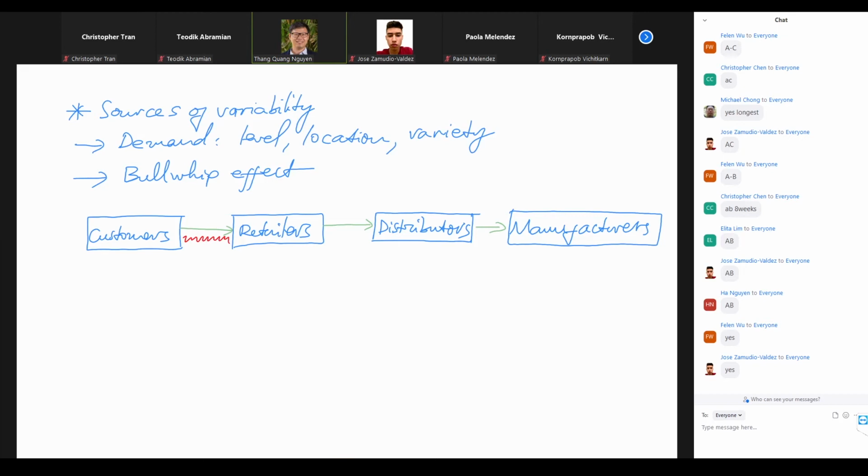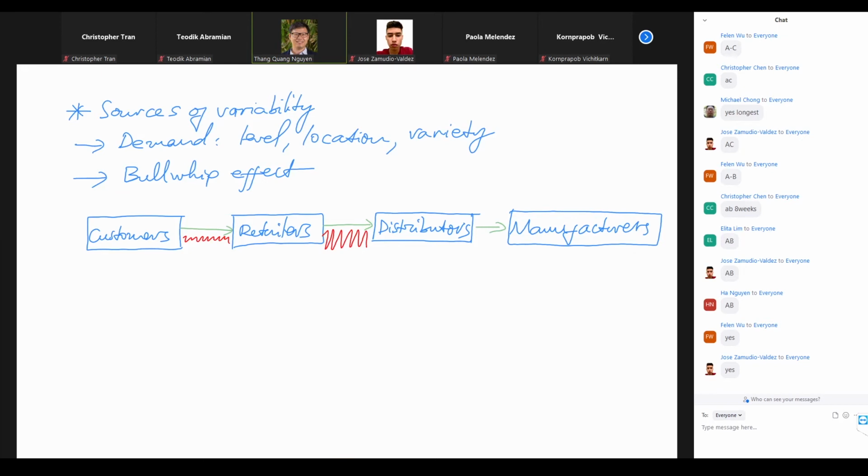Sometimes they buy more, sometimes they buy less, right? But when the retailers see these variations, normally they overreact. They do not really know the actual demand, right? So sometimes they buy a lot, sometimes they buy a little. So the signal that the retailers send to the distributors varies more than the original signal.